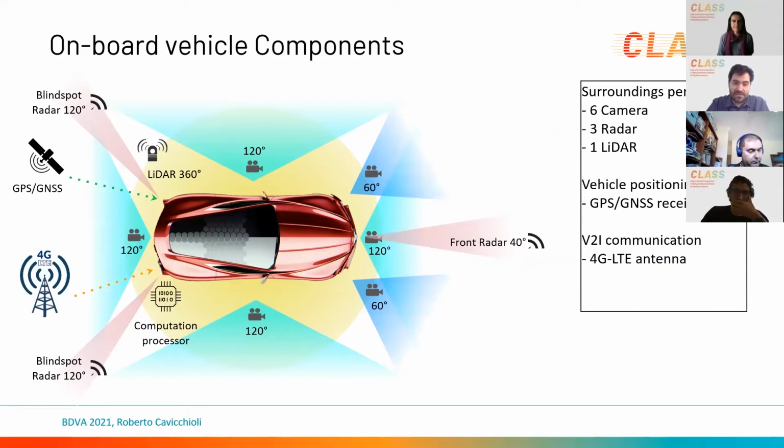Each vehicle, as you can see here, is equipped with 6 cameras for a 360 degree view and a 60 degree camera for a frontal view, 3 radars, and 1 360 LiDAR, which allows a complete view and the correct positioning of the objects that the car is sensing around itself.